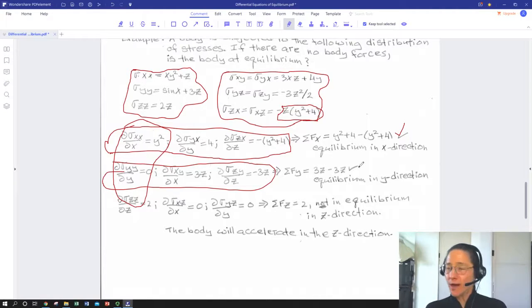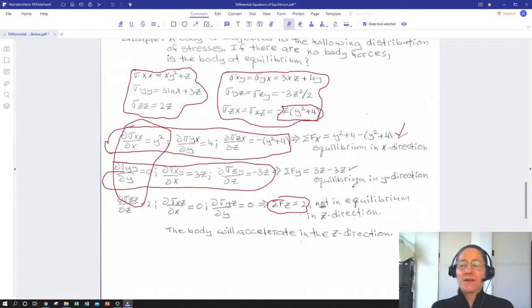So again, no body force is needed there. But in the case of my z direction, I have 2 coming out of my normal force rate of change, and then I have 0 for both of the shears, which means I have a net sum of the forces in the z of 2. So I would have to add a negative 2 force units per unit volume of a body force to attain equilibrium.